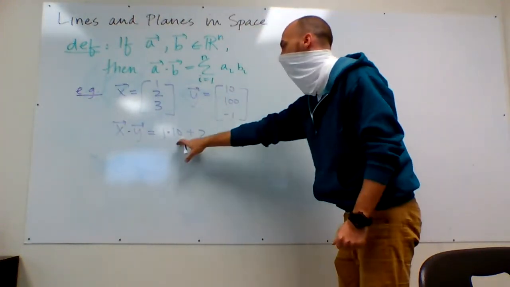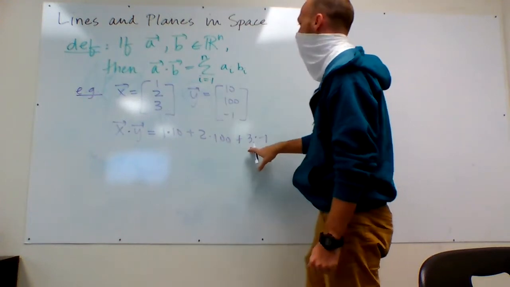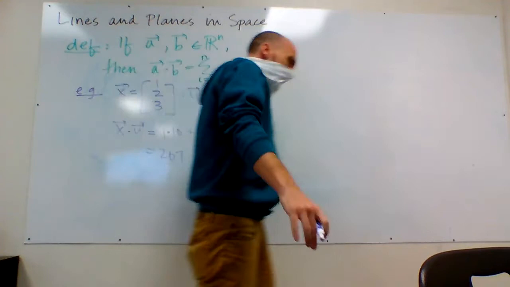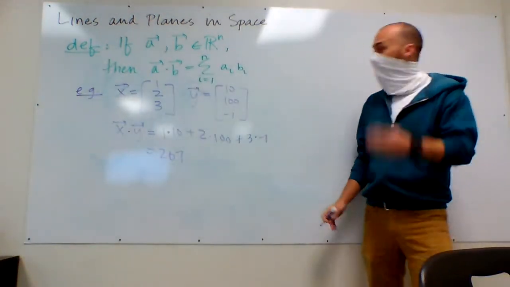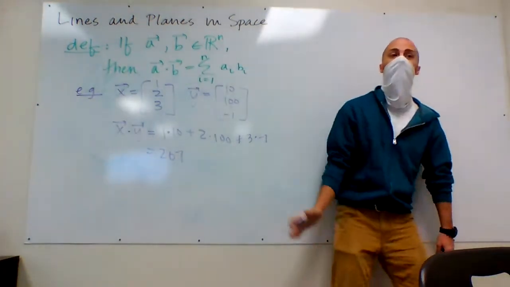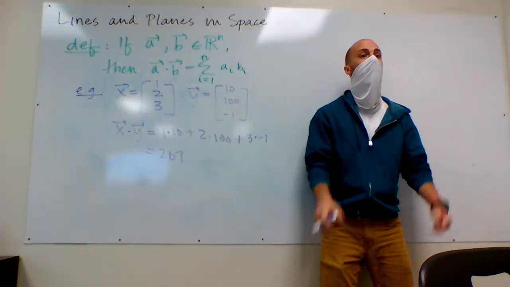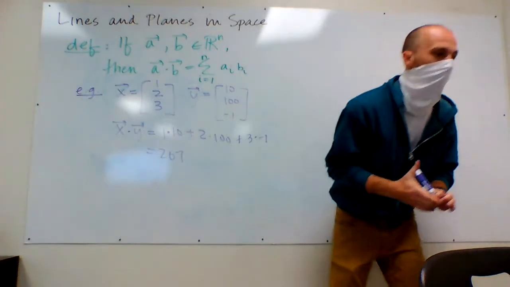So that's going to be 10 plus 200 minus 3, which is 207. What I can tell you is that because the dot product is 207, I can tell you for certain that these two vectors sit at an acute angle, because of this theorem that I'm about to write down.